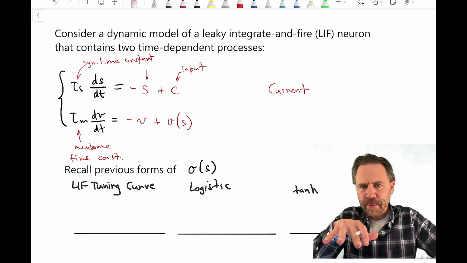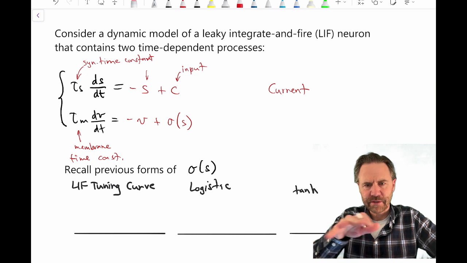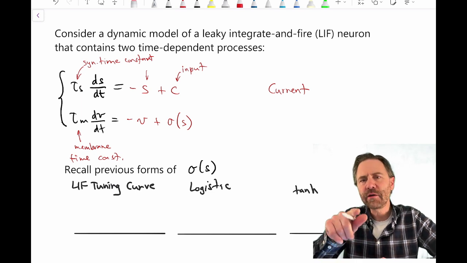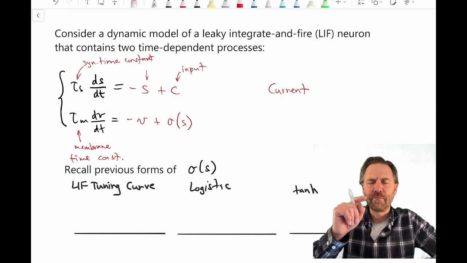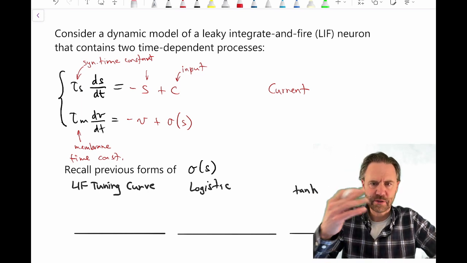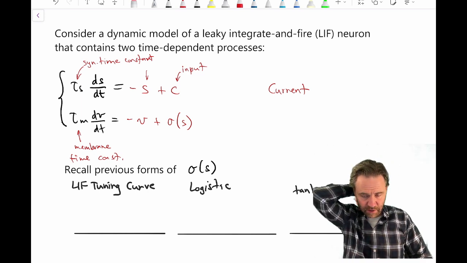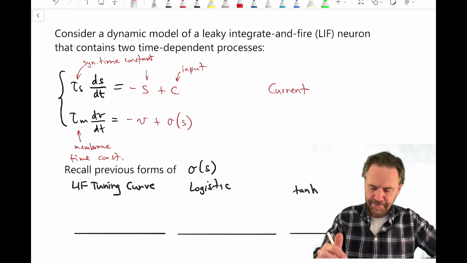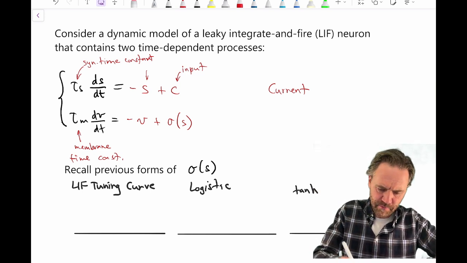This is kind of a more general model. In the past, I think we just had the membrane potential integrating the input current, but we can also have it run through some nonlinear function in addition. Let me move this over a bit here.